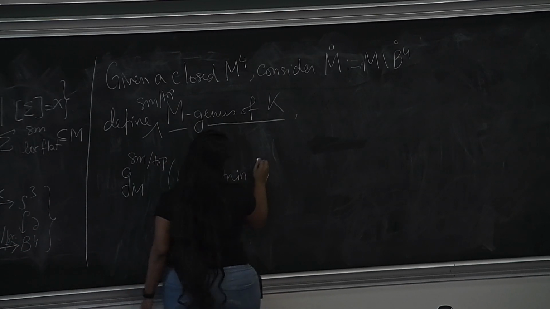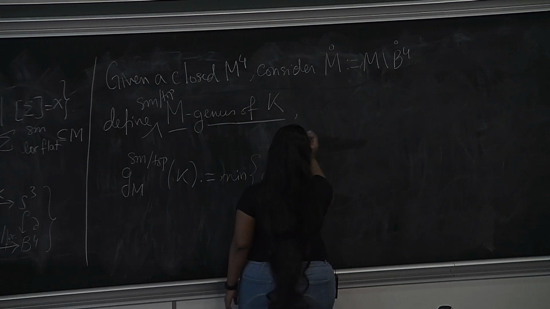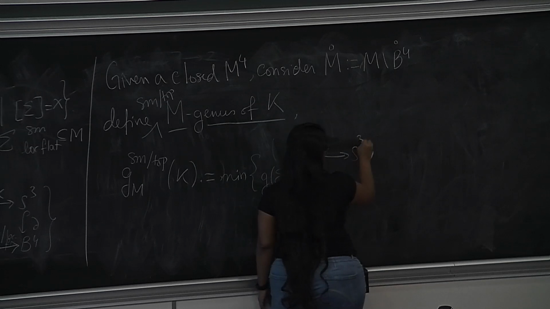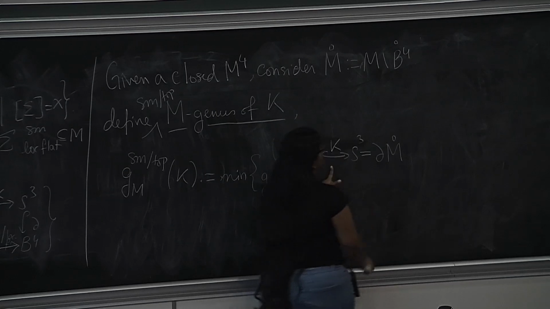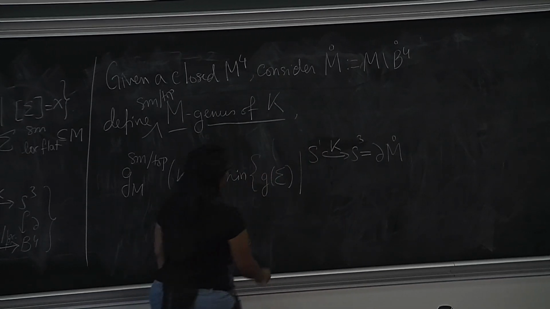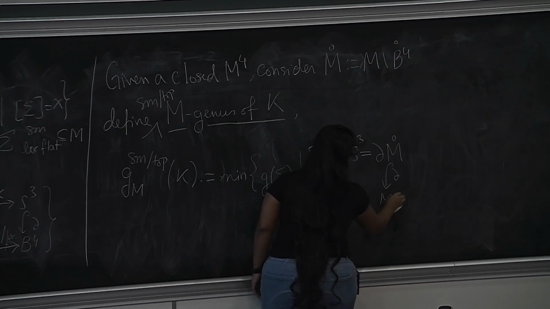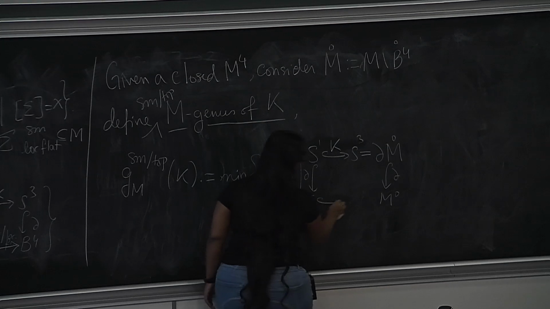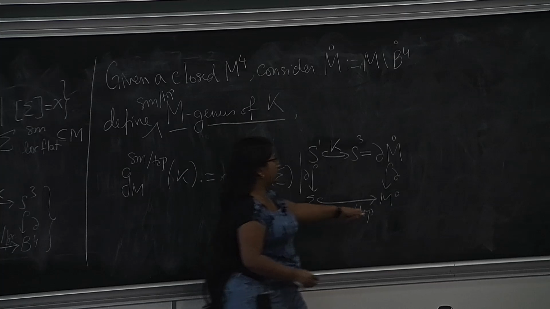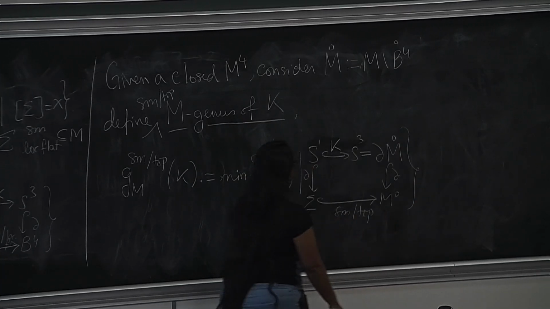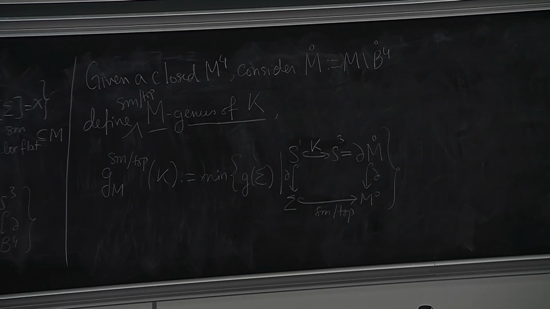That's going to be the minimum genus of sigma, once again, where this is my knot K, but now this S3 is the new boundary that I've created in M, and I'm asking whether there's some smooth or topological embedding of a surface sitting inside of this M circle. Okay? It's a bunch of definitions. Question?